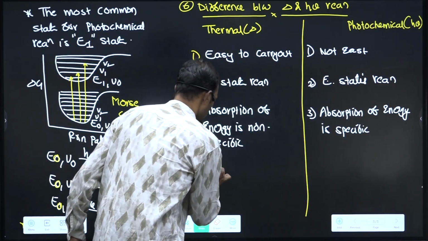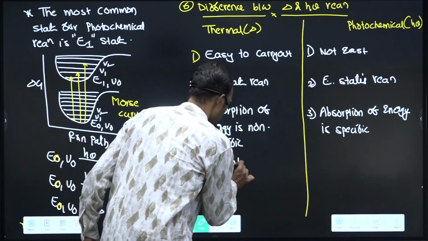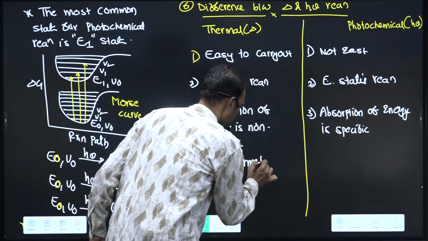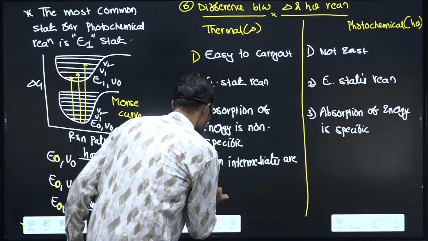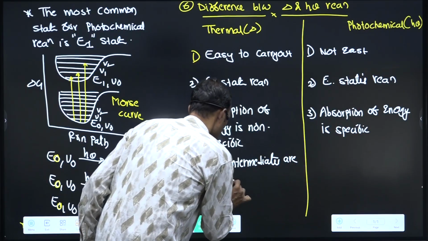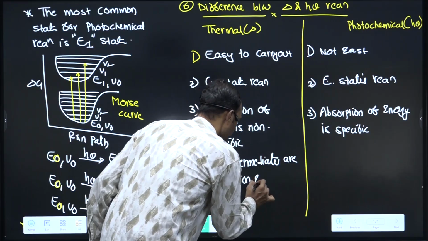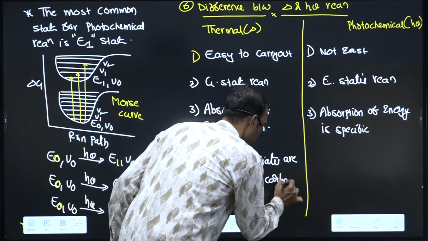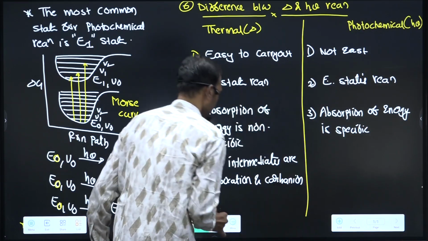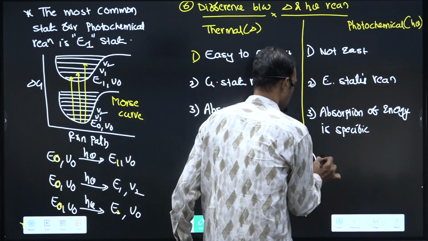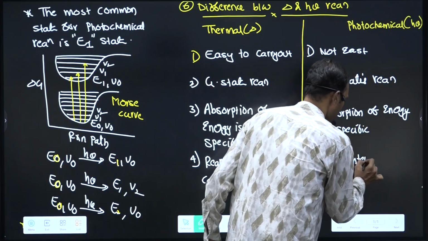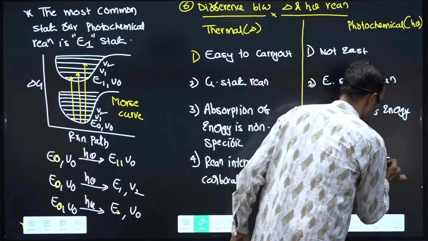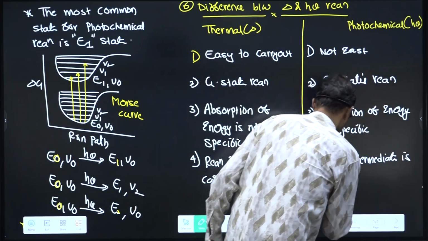Now, reaction intermediates are carbocation or carbanion. Now here the reaction intermediate is a radical. The reaction intermediate is a free radical.